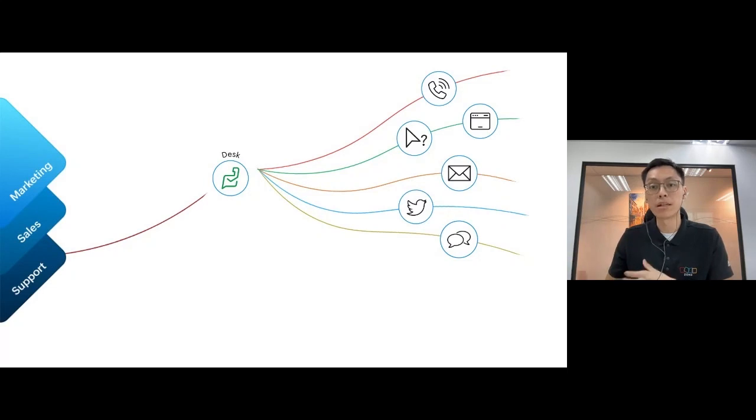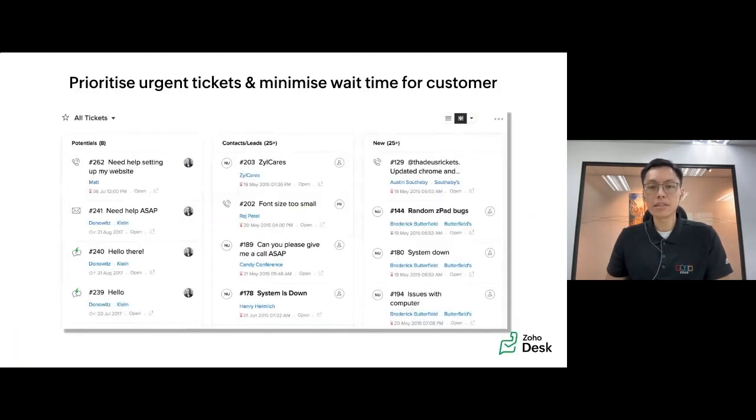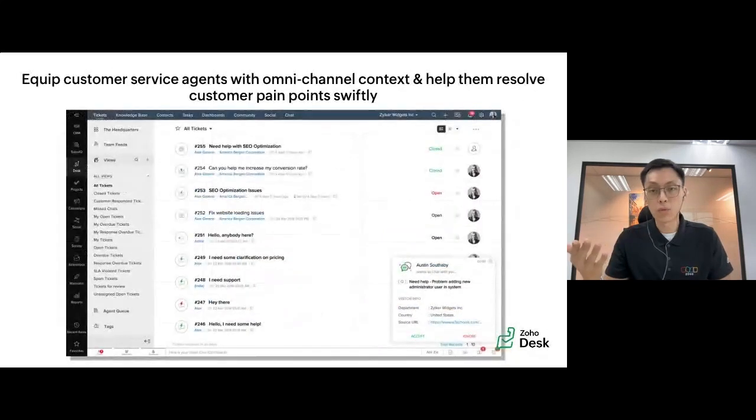Essentially, what we are trying to achieve here is relaying contextual information so that your support agent is able to make more informed decisions about whether this customer comes through our social media channel or through email, what different channels they have interacted with, and what he can do with that information, right? So he will be able to better prioritize urgent tickets and minimize wait time for customers. In this sense, he knows who to feed the ticket to as well. He gets a little more context and is able to cut down wait time.